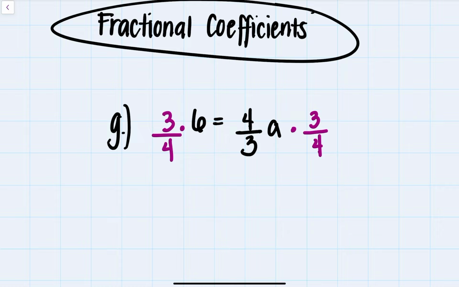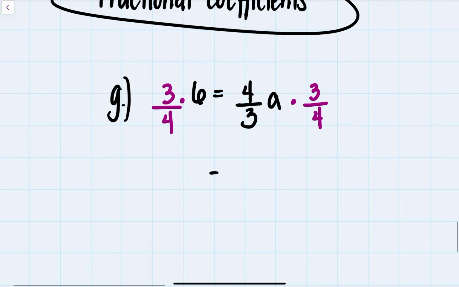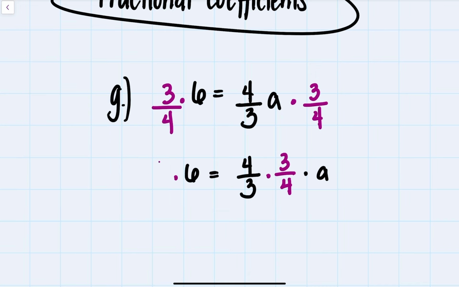Now I'm going to do an extra step, and I'm actually going to show my original coefficient multiplied by the reciprocal, and then we have our variable as well. On the left-hand side, I have our original number, which is 6, and I'm going to multiply it by 3/4.